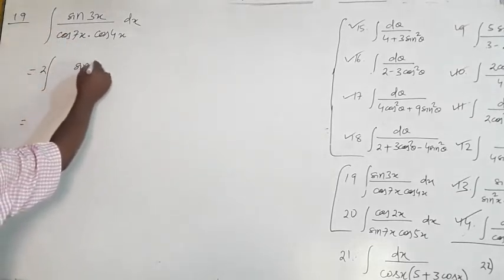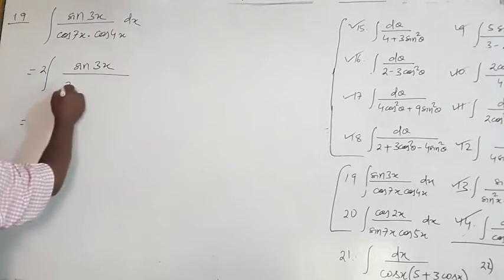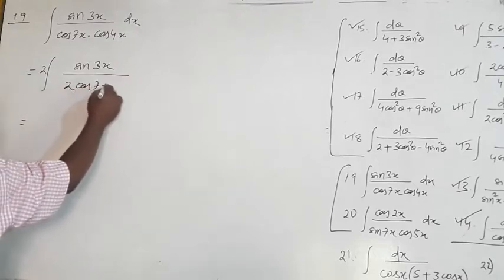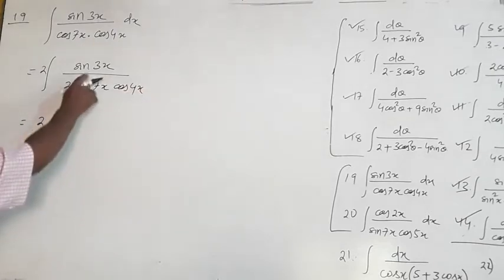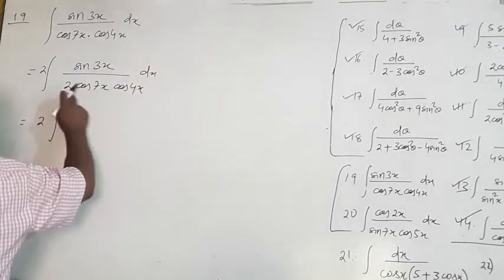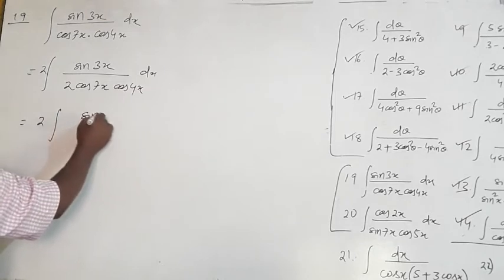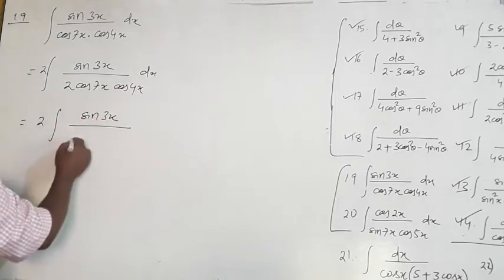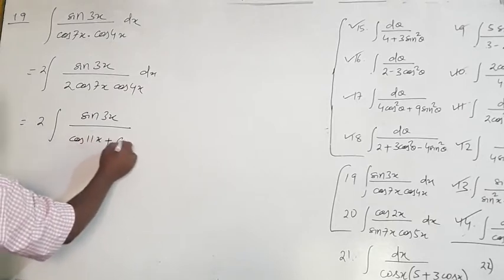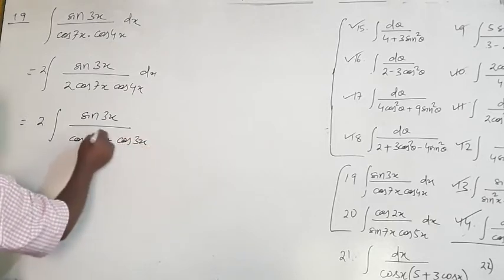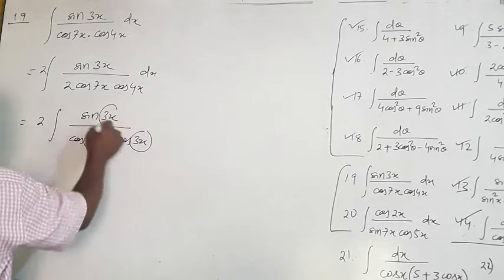Okay, I am doing it in your method. It is 2 cos 7x into cos 4x. 2 cos a cos b means cos of a plus b plus cos of a minus b. Then here 11x, here 3x, here 3x.